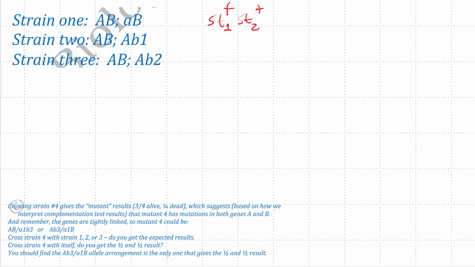We know that strain 1 mice are heterozygous, so the other one must be ST1 minus and ST2 plus. The second one is going to look like this.